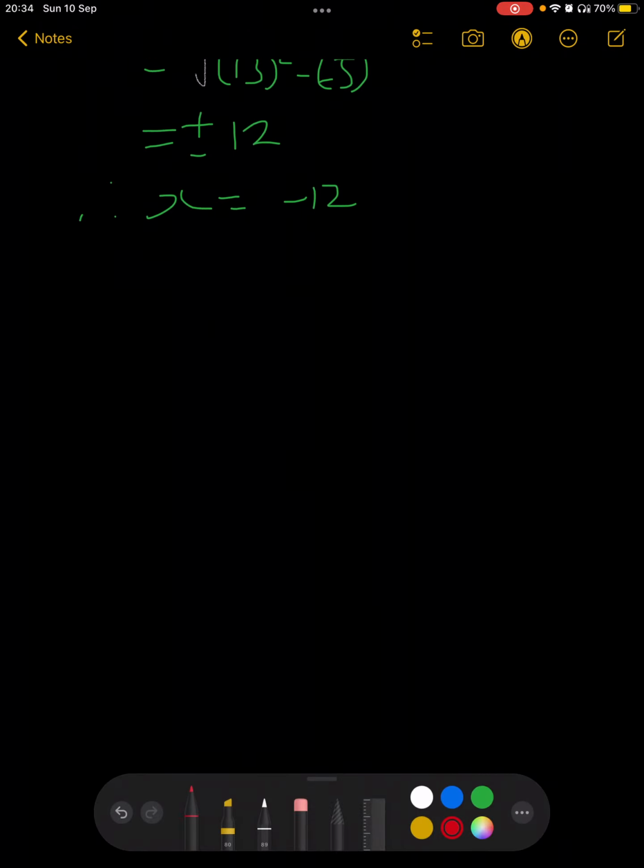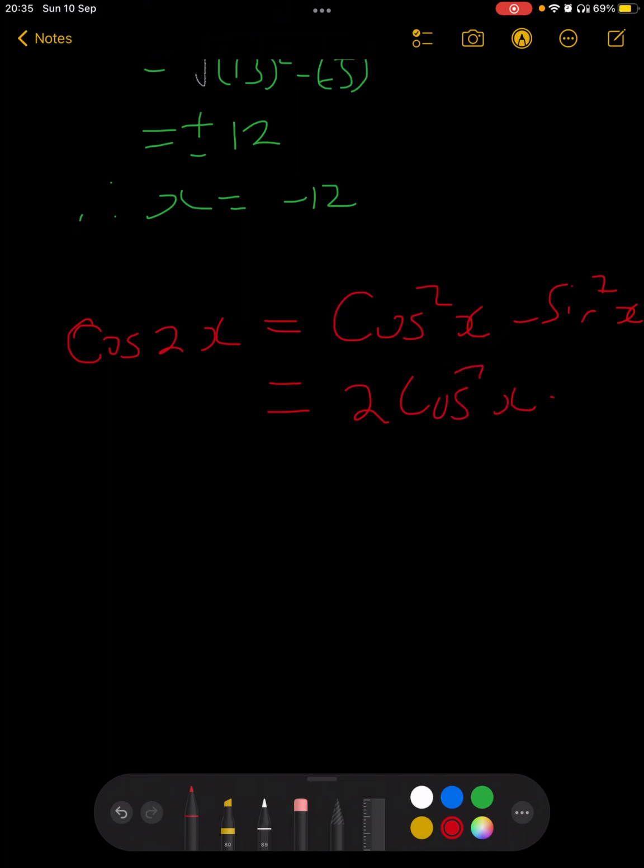We should know that cos 2x can appear as cos squared x minus sine squared x, or as 2 cos squared x minus 1, or as 1 minus 2 sine squared x, as a double angle identity.